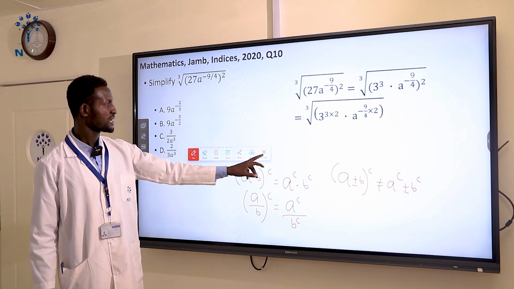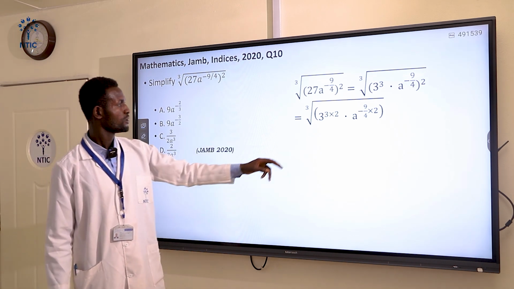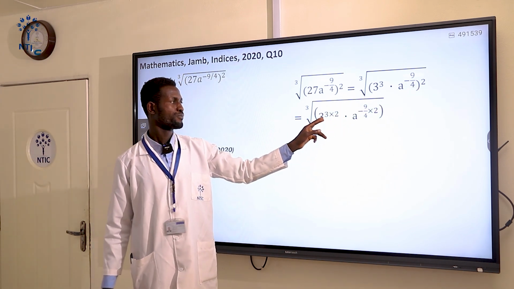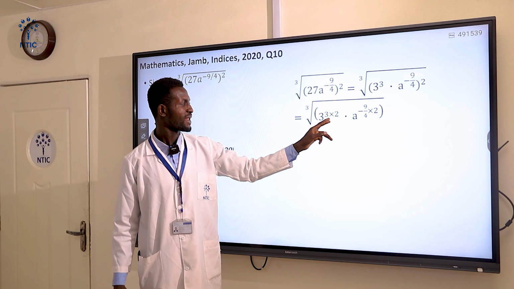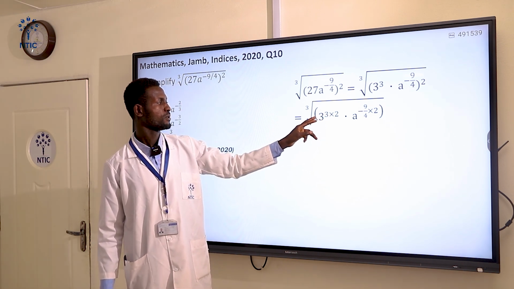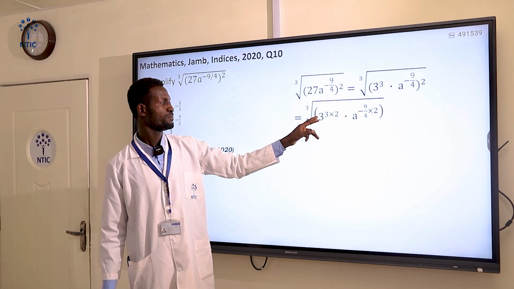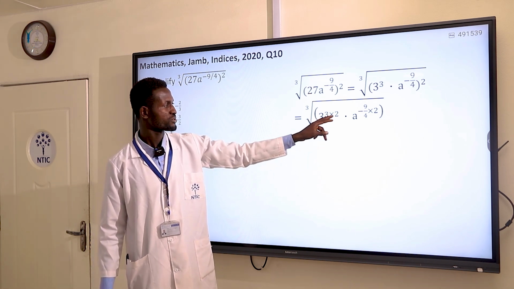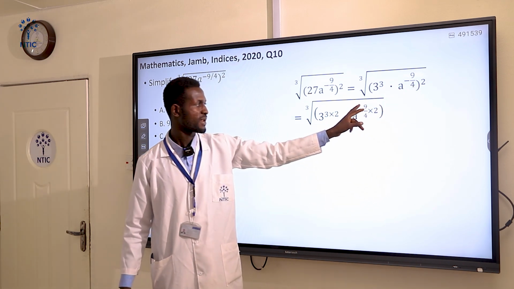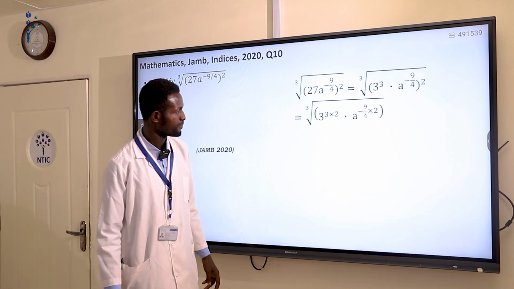So after applying that law, we have these two. We multiply the power of the base 3, which is 3, by 2 to get 3 times 2, and we also multiply the power of base a.